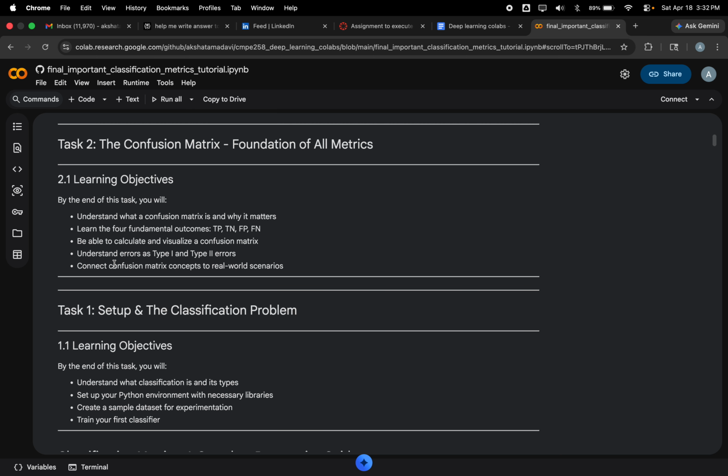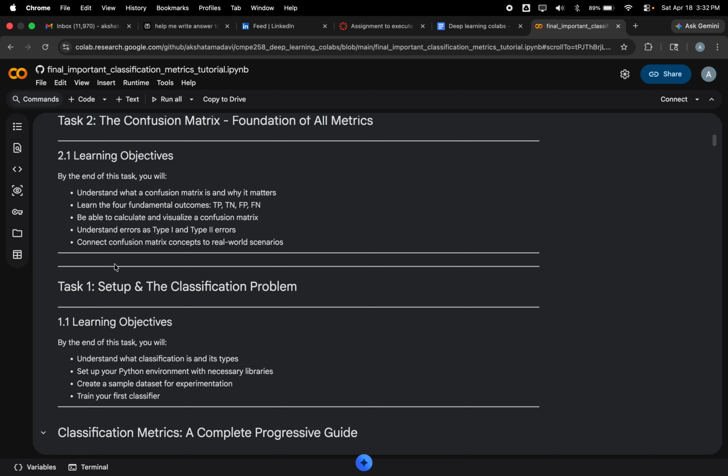The confusion matrix has 4 fundamental outcomes, which are true positives, true negatives, false positives, and false negatives.